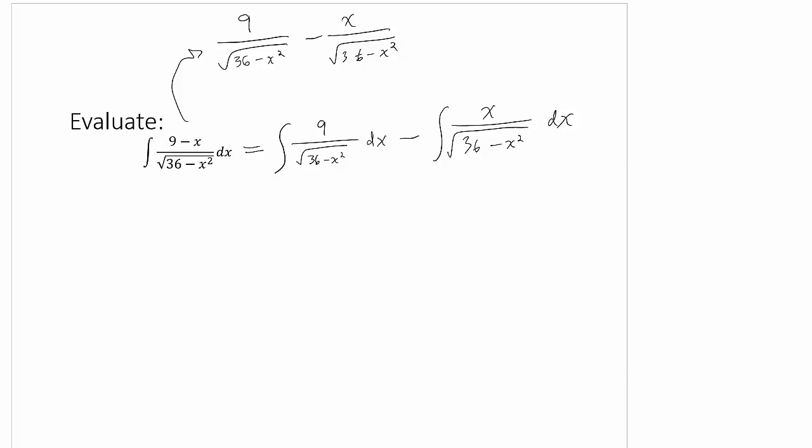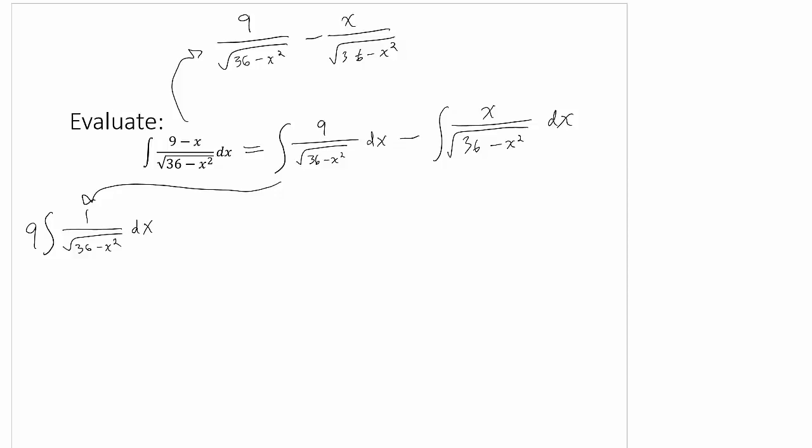Now, the first integral here, I'll just take this over here. That's the same as 9 times the integral of 1 over the square root of 36 minus x squared dx.